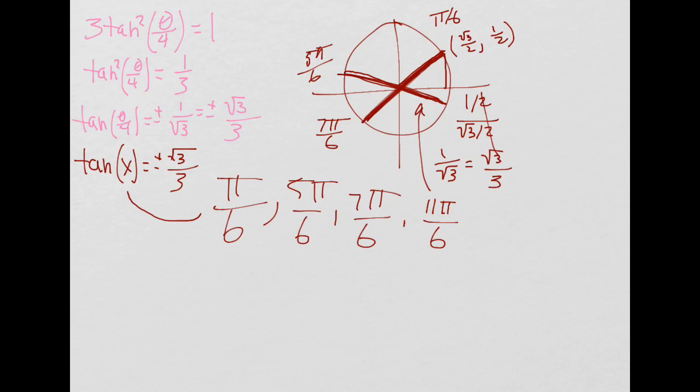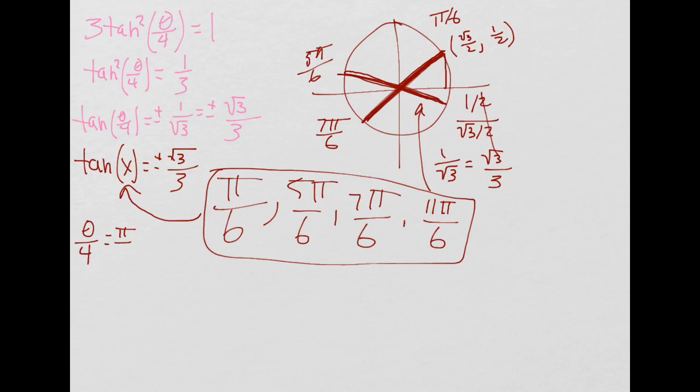All these values right here are essentially x values that I could throw into that equation, tangent of x equals plus or minus root 3 over 3, but we don't want that. We want tangent of theta over 4. So we want them to equal the same thing, so we can do a little bit of substitution and think of it as theta over 4 equals those x values, pi over 6, and you can just solve for theta.